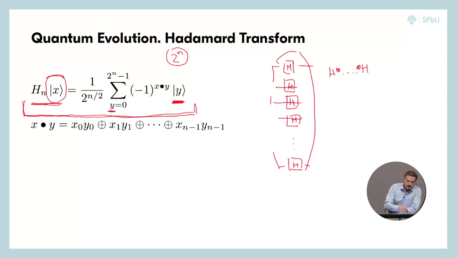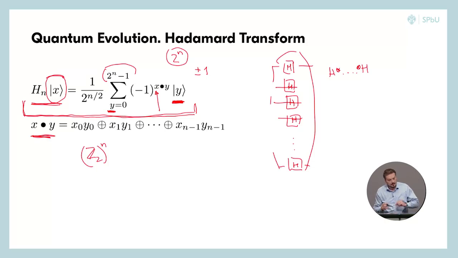Here we count all the numbers from 0 to 2 to the power n minus 1, and here we add up the vectors which are encoded by these numbers. The coefficients of these vectors are either plus or minus 1, and they depend on the input vector. The thick dot product here is actually the inner product in this space.